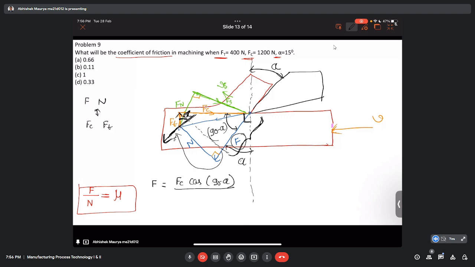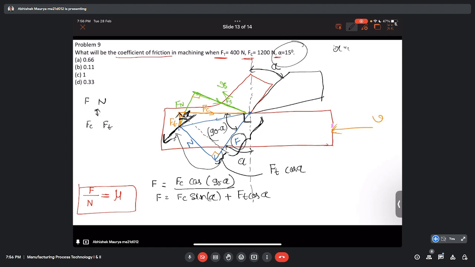So how much will this distance be? It will be Ft cos alpha. So we can write F is equal to Fc cos(90 minus alpha), which is sin alpha, plus Ft cos alpha.